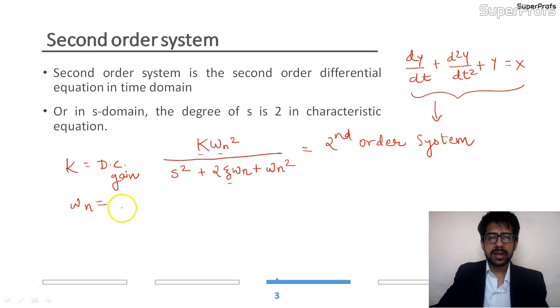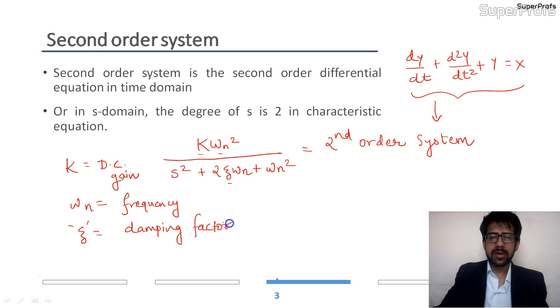Omega n is the frequency of second order system. Zeta is nothing but a damping factor of the system. Also, 1 upon zeta omega n is known as time constant of the system.